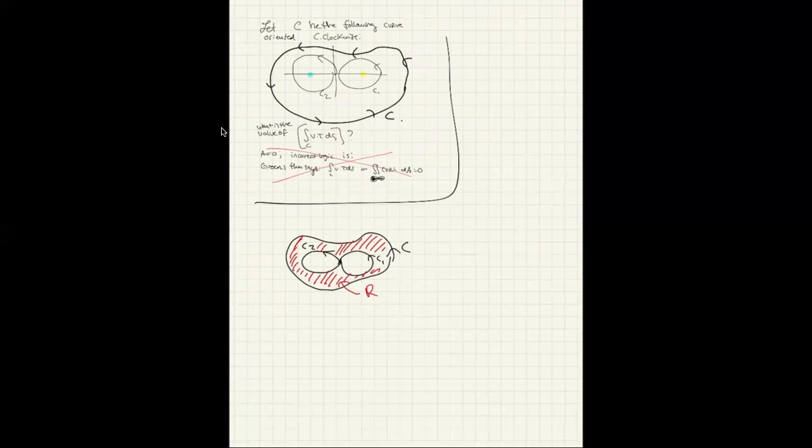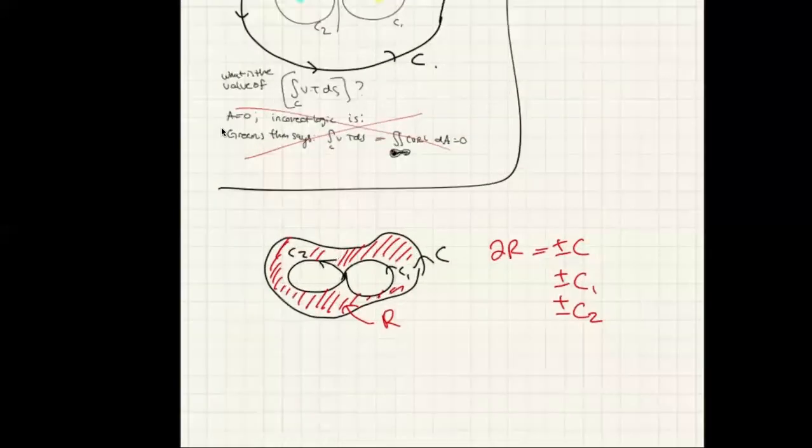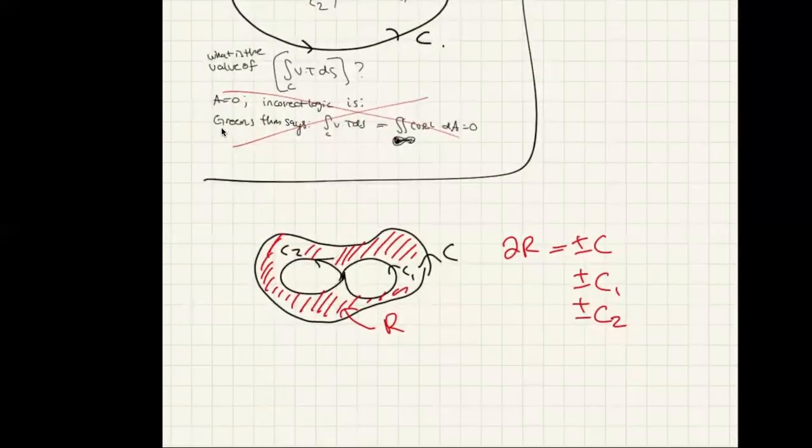And I want to look at the boundary of R. I know it's going to be plus or minus C, plus or minus C1, plus or minus C2. So to figure out if it's plus or minus on each of these summands, I need to see if the orientation of the curves is agreeing or disagreeing with what R has to offer.